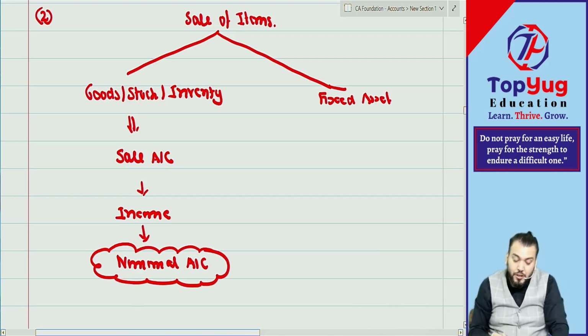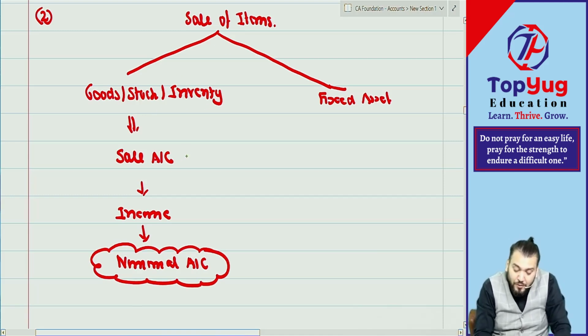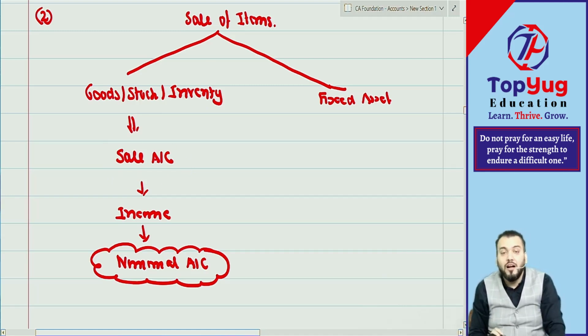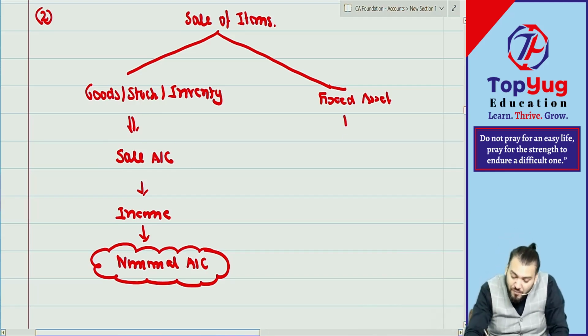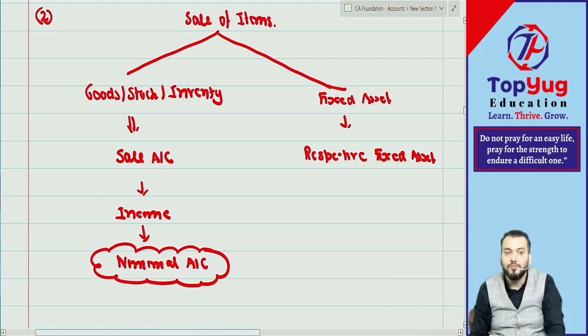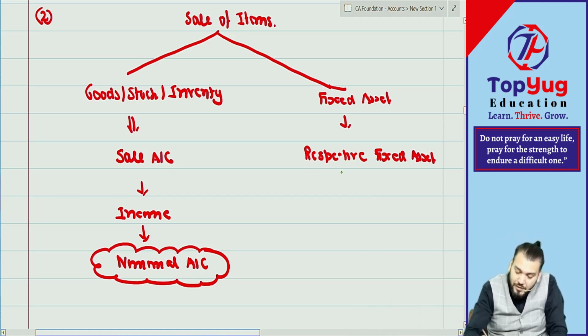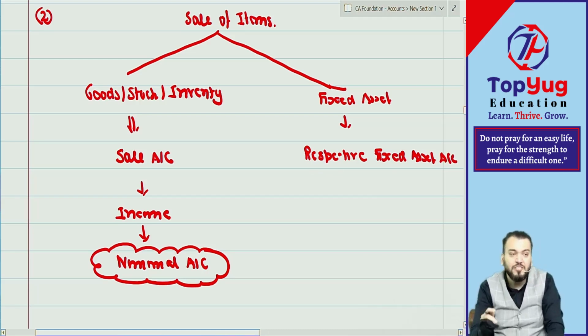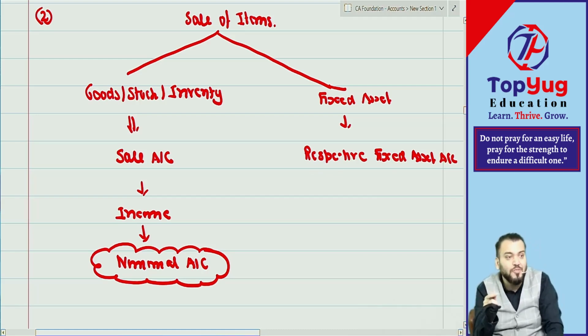Have you understood? So for the sale of inventory, which account will we always open? Sales account. We cannot say inventory account. We need to say sales account. But for the sale of a fixed asset, we need to deal with the respective fixed asset account only. Respective fixed asset account means if you have sold your furniture, the furniture account.